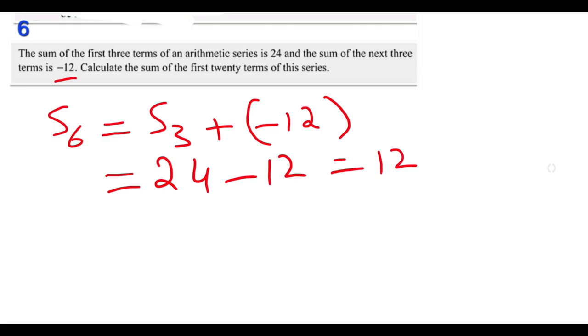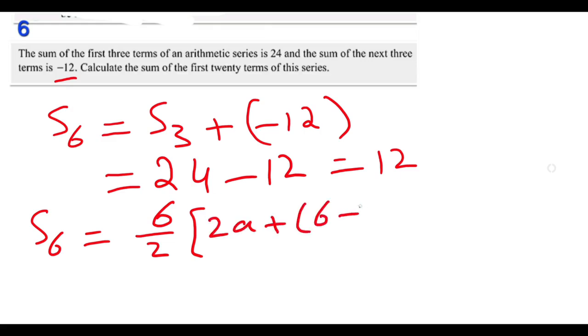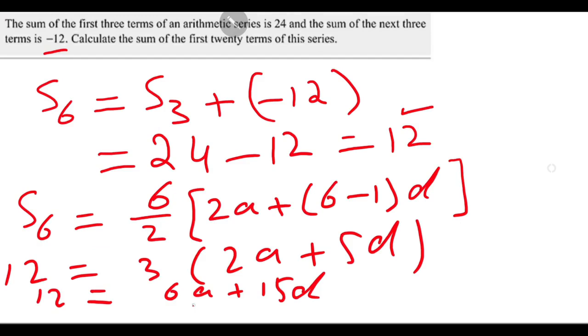Now I can find S6. So S6 is equal to 6 over 2 big bracket 2a plus 6 minus 1 d big bracket close. So S6 is equal to 12. Now, 3 I multiply inside becomes 6a plus 15d. So this becomes my equation number 2.